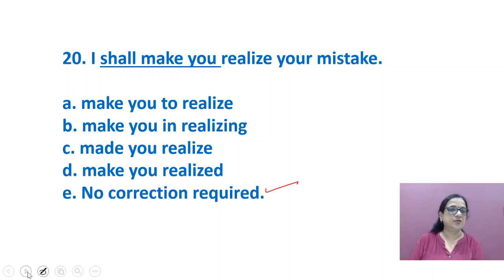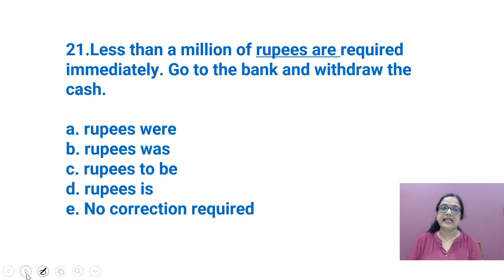Now next we do, you see, less than ₹1,000,000 of rupees are required immediately. Go to the bank and withdraw the cash. Now can you think what it will be in place of rupees are? So it will be rupees is.